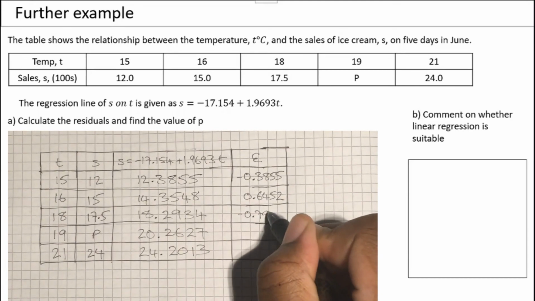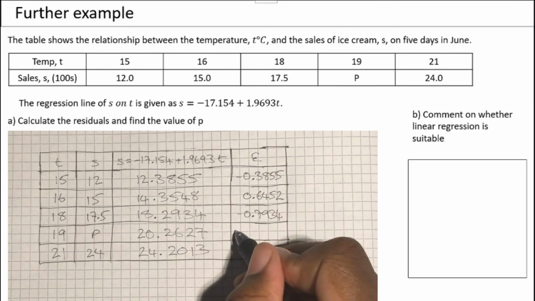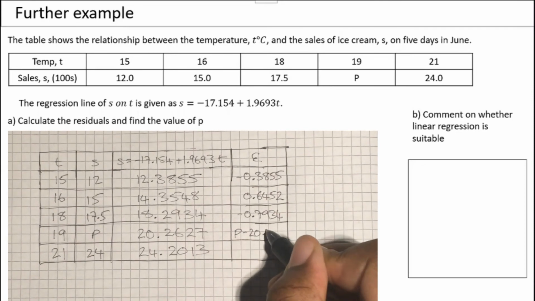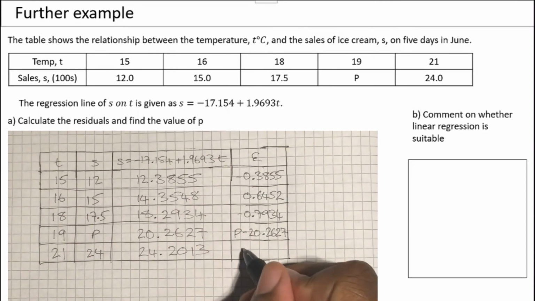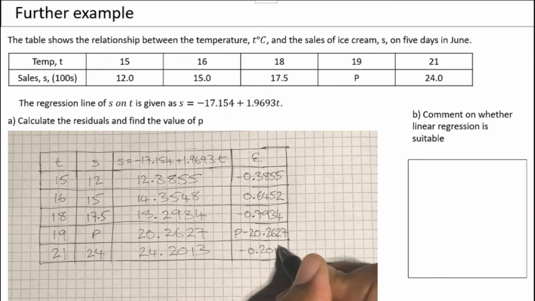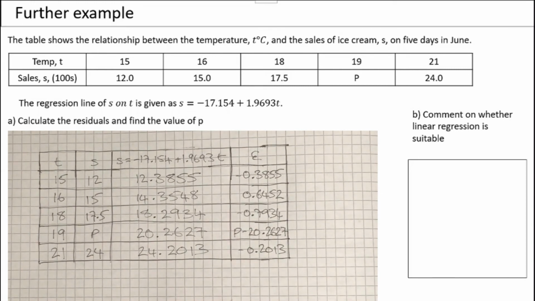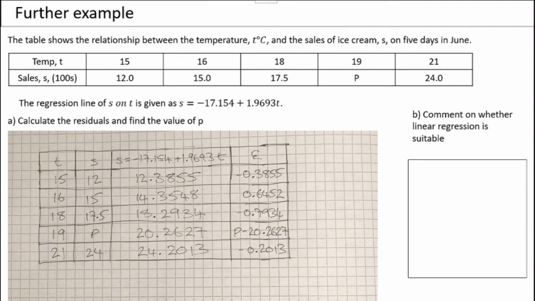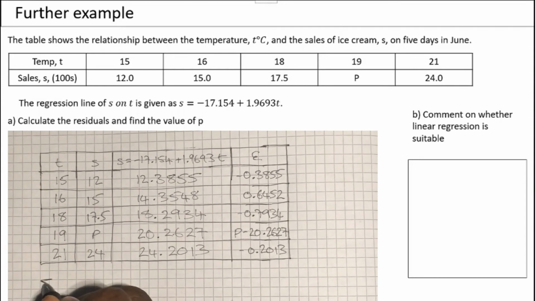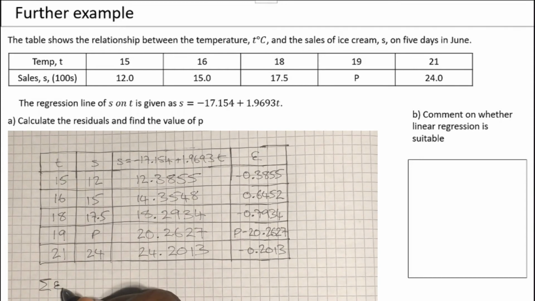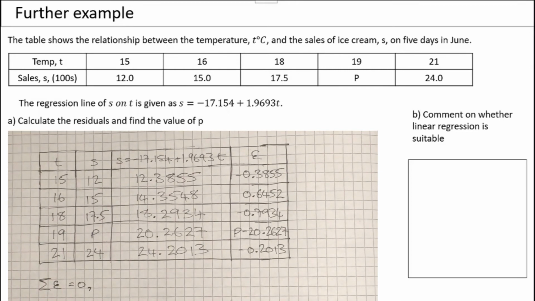This generates some residuals for us: negative 0.3855, positive 0.6452, and then we continue with some more negatives and positives, and this term in terms of P. P minus 20.2627 is the residual for this fourth point.